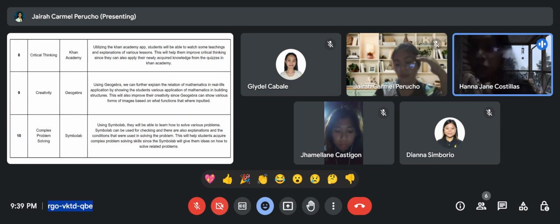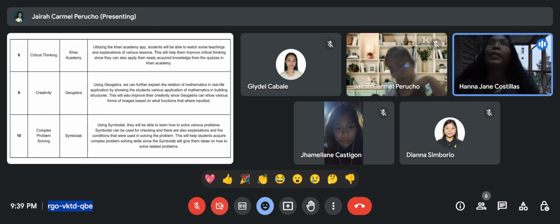This will help students acquire complex problem solving skills since Symbolab will give them ideas on how to solve related problems. Symbolab doesn't just give you the process or the solution of a certain problem, but it also gives the explanation of what operation they use, what are the conditions that were used in that certain part of the process.